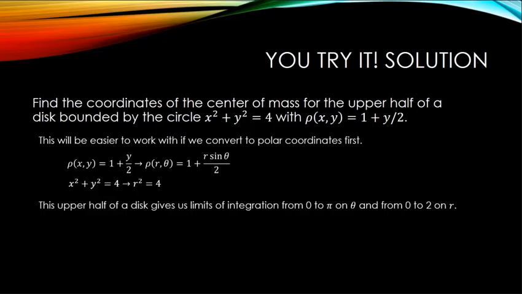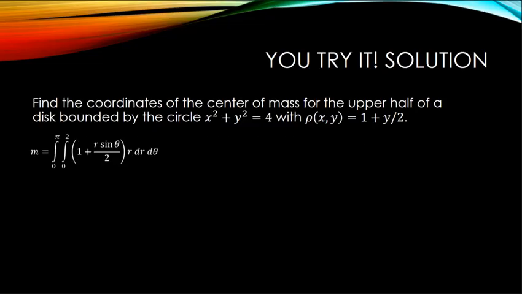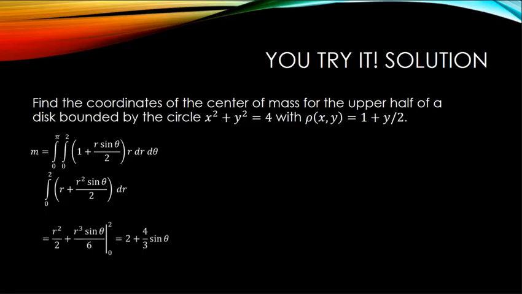so that my total mass, little m, is given by the integral from 0 to pi of the integral from 0 to 2 of the quantity 1 plus r sine theta over 2 times r dr d theta. I'm going to compute that integral from the inside out. I get the integral from 0 to 2 of the quantity r plus r squared sine theta over 2 dr, which becomes r squared over 2 plus r cubed sine theta over 6 evaluated from 0 to 2.